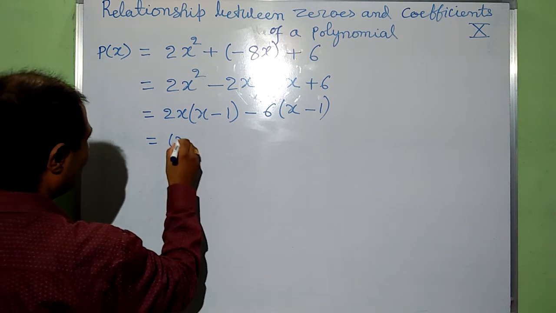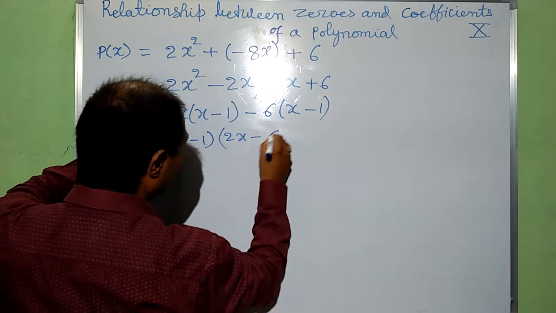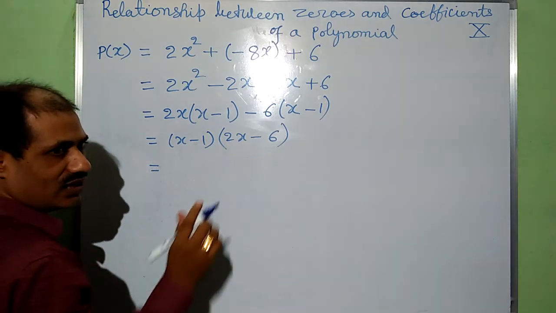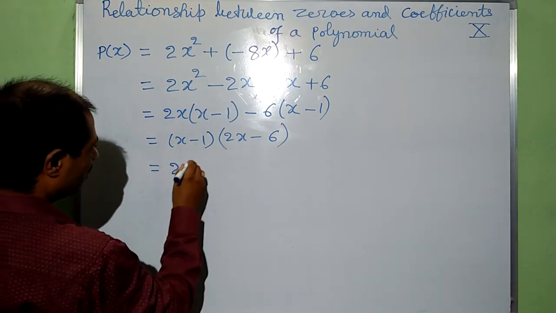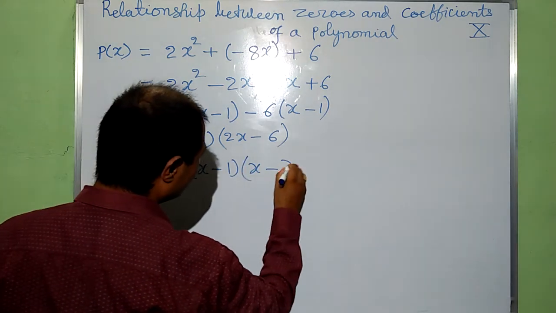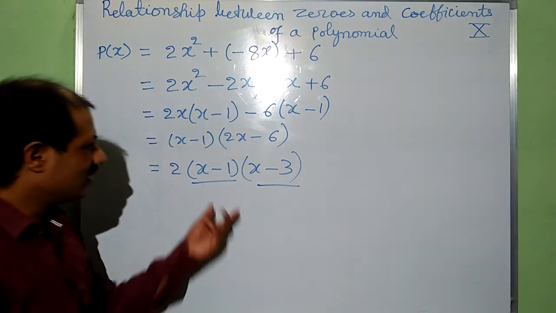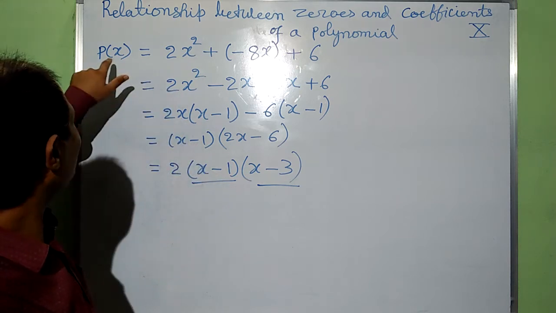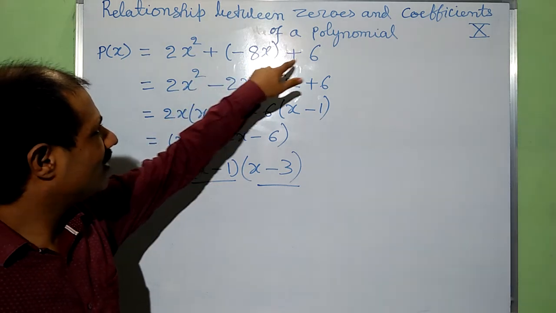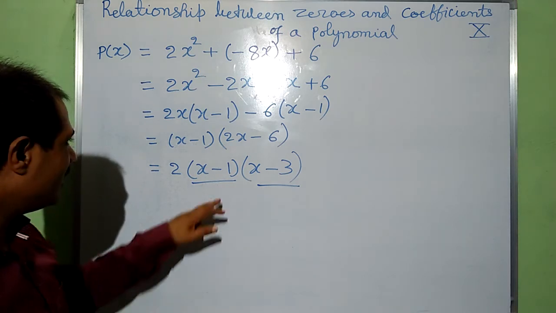In this way we have x minus 1. Here 2x minus 6, from these terms 2 is again common, 2 into x minus 1. Now we have here x minus 3. Now x minus 1 and x minus 3 are the two factors of this given polynomial 2x square minus 8x plus 6. We can get zeros with the help of this.